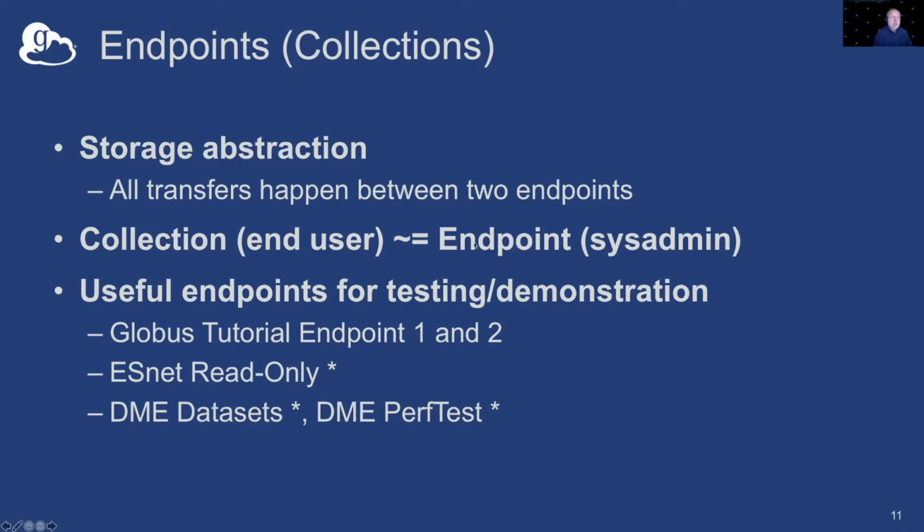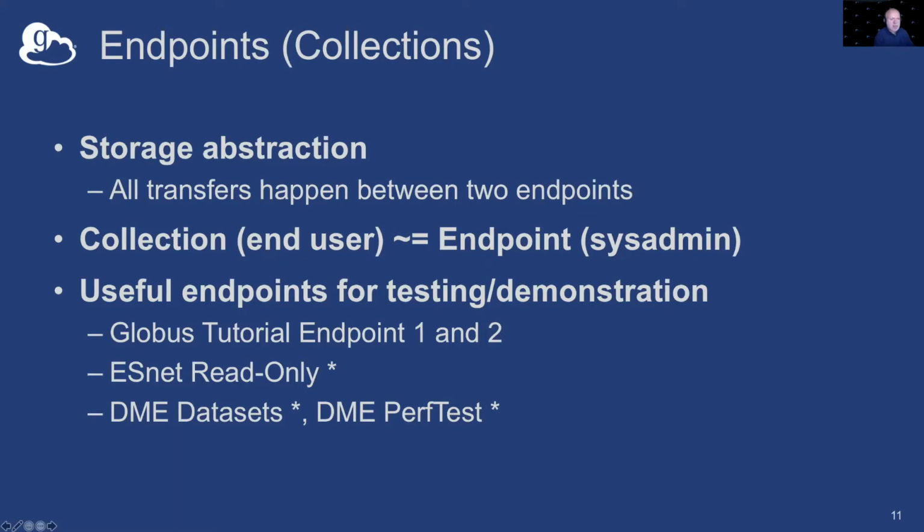We're in this transition period now where the architecture's changing, and we've introduced this new term called a collection. It used to be everything was just an endpoint. So you can sort of equate an endpoint to the system administrator's view of things, and the collection as sort of the end user's view of the data that they see. But if you hear us using those interchangeably, they sometimes are sort of one and the same thing logically.